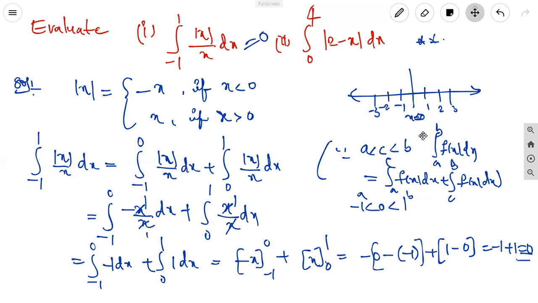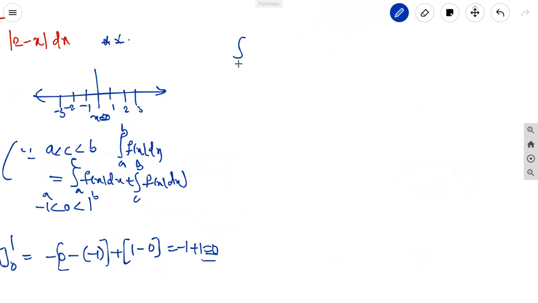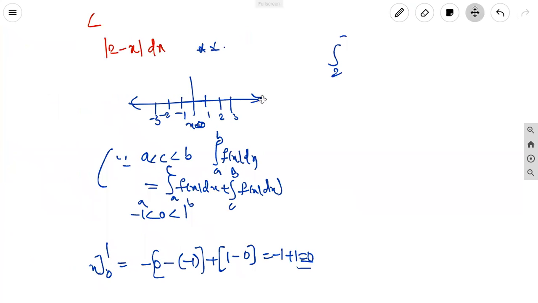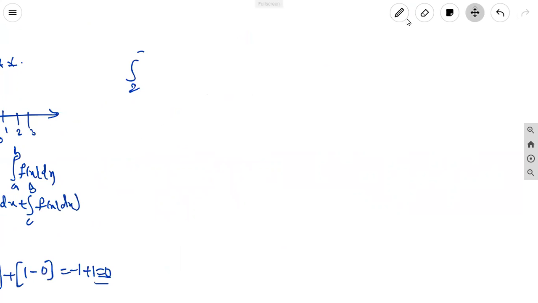For the second one, integral 0 to 4 modulus of 2 minus x dx.